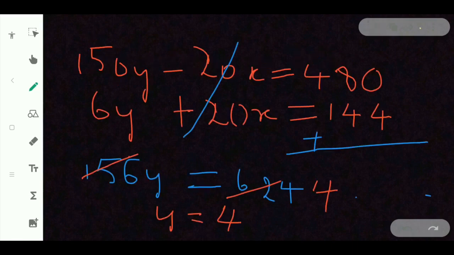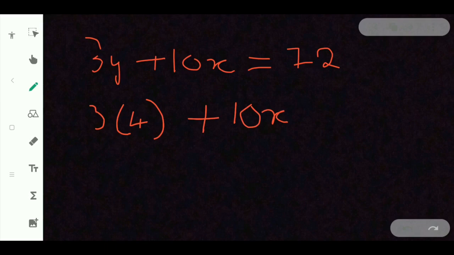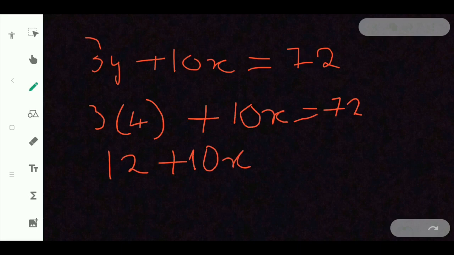But now we are having the value of y, that is 4, and I will substitute 3 into 4 plus 10x is equal to 72. So 3 into 4 is nothing but 12 plus 10x is equal to 72.